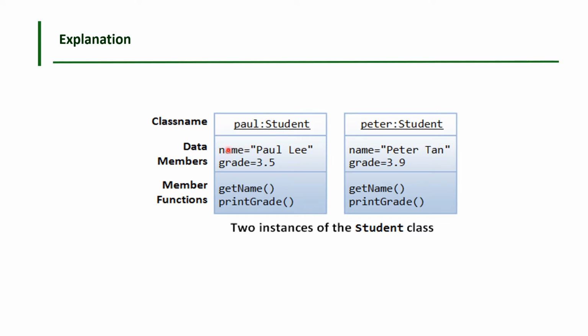Class student having name Paul Lee and grade 3.5. Class Peter having name Peter Tan and grade 3.9. Get name and print grade are the member functions for class student having object Paul, and the same for class student having object Peter.